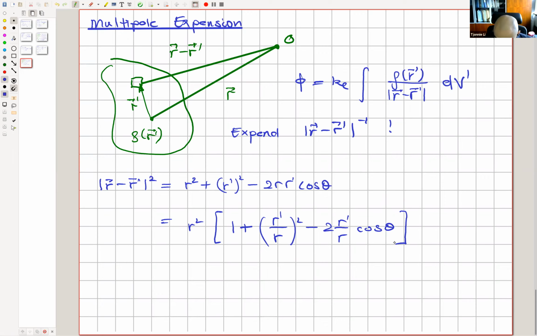Now we want to consider where r is much bigger than r prime. Actually, let me do that on a new page.